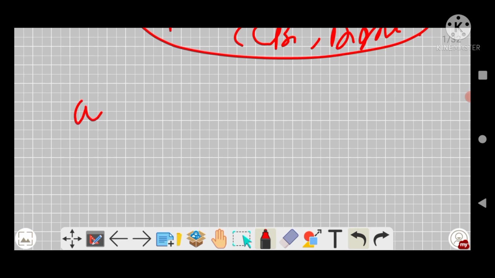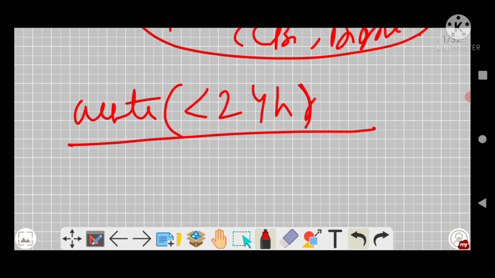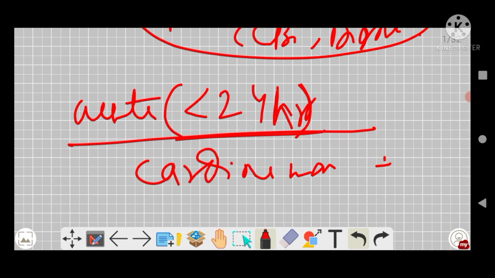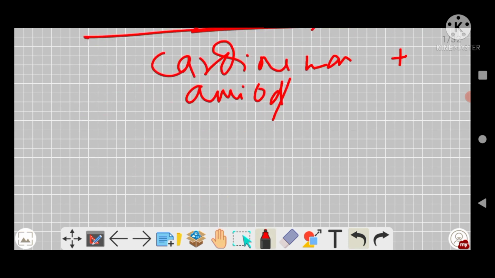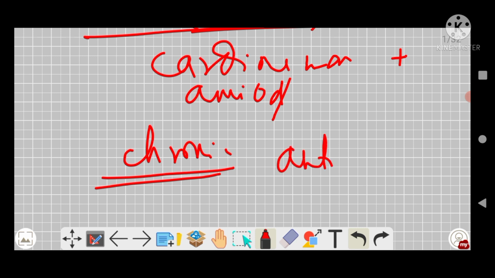Now what if the onset is acute? Acute onset means within 24 hours. If the onset is acute, within 24 hours, we can do cardioversion with amiodarone or procainamide, or simply electric cardioversion. And if it is chronic onset, then first you have to anticoagulate and then cardiovert.